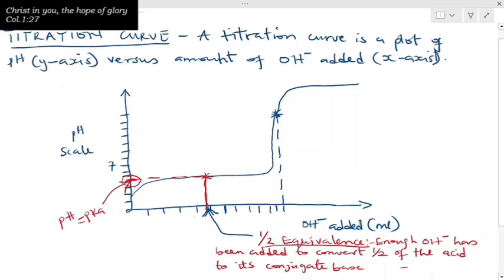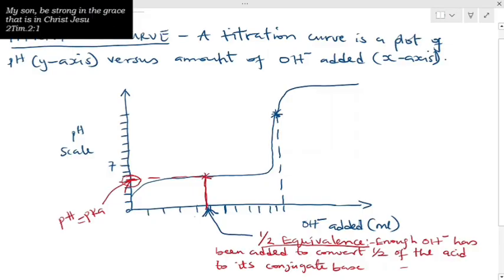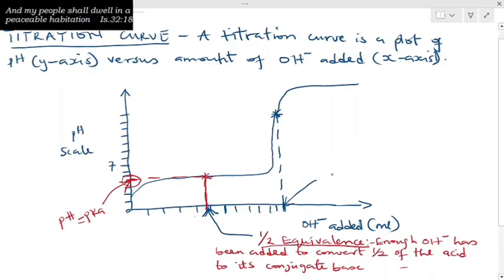All right. But this point, where you have this traced down to your x-axis where you have OH minus added, this point right here is referred to as your equivalence point.